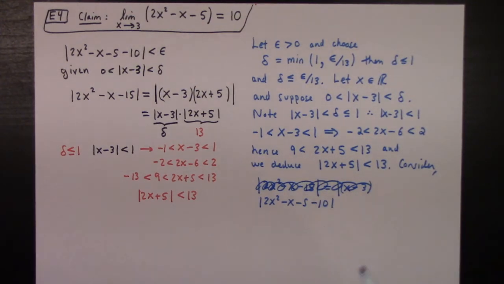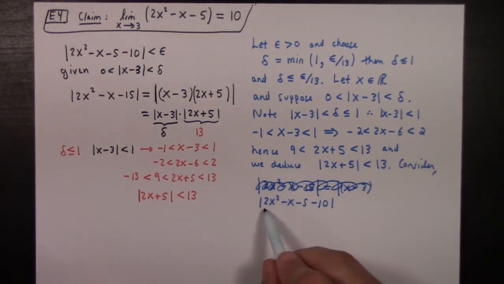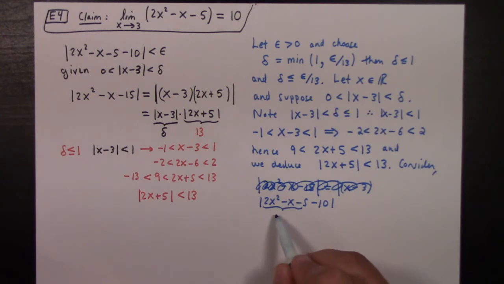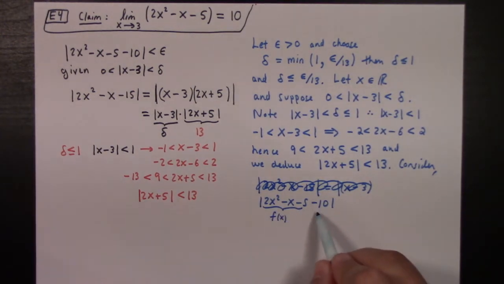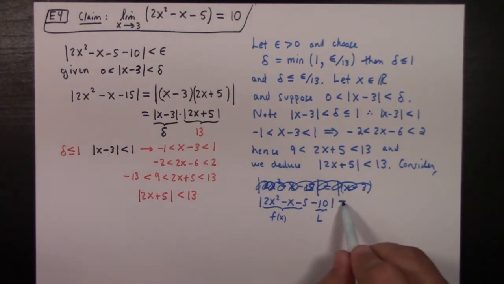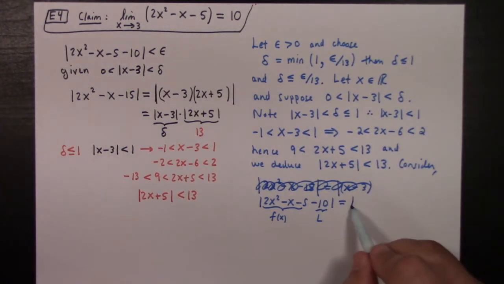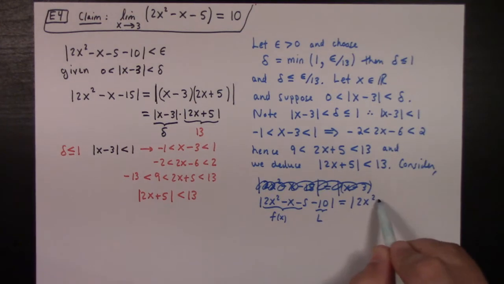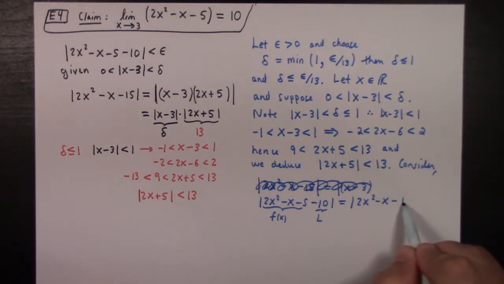I'm sorry, bad form, that's not what I wanted to write. I'm trying to communicate to the reader that this is f of x, and this is L, so we're looking at the absolute value of f of x minus L. Anyway, this is equal to the absolute value of 2x squared minus x minus 15.